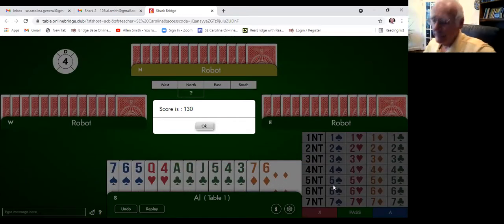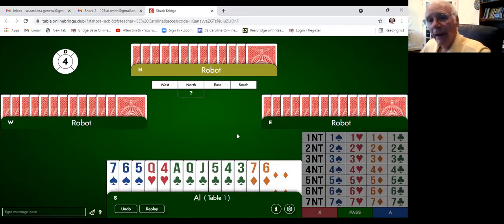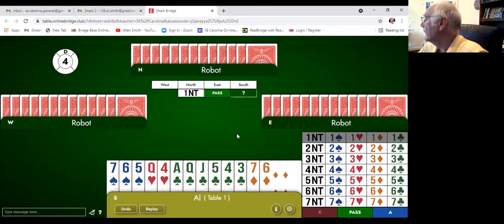And in this one, our partner opens again 1 no trump. Now we have 4, 6, 8, 9, 10. And we go, okay, we've got game forcing points opposite our partner's 1 no trump.